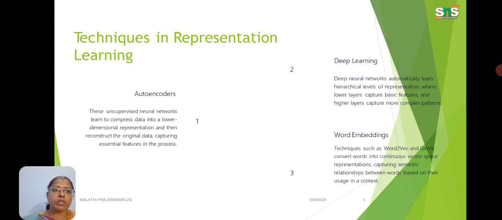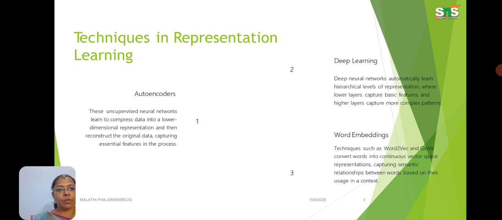Deep neural networks automatically learn hierarchical levels of representation, where lower layers capture basic features and the higher layers capture more complex patterns. In every model, it predicts the results by analyzing the patterns. So if it is a lower layer, it captures the basic features.